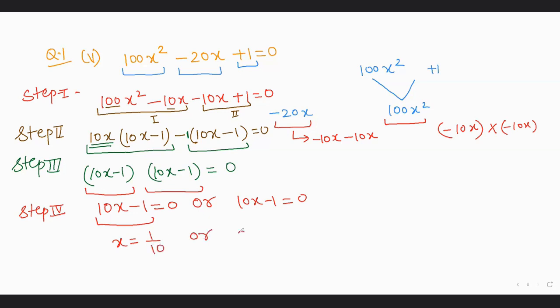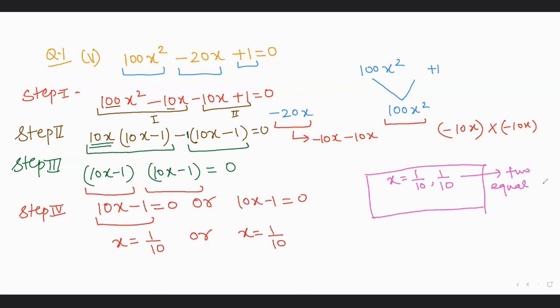Similarly, from the second part, you have 1 over 10. So it means, very interesting, we got two factors, but both the roots are the same for this quadratic equation. That is, two equal roots we got in question 5.